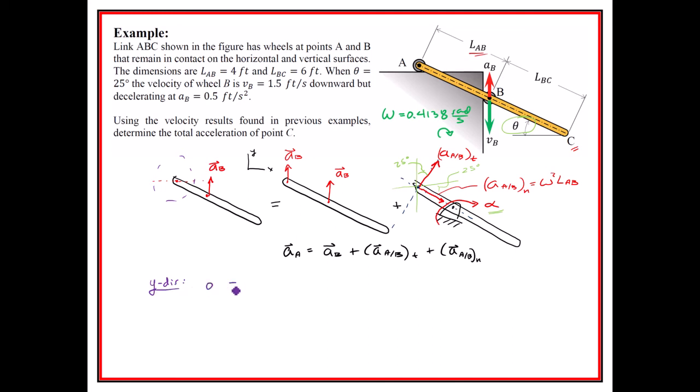It's going to be equal to the acceleration of B, which is upwards, and that's 0.5, so it's positive because it's upwards. And now we have to go over to the diagram on the right-hand side. And in the y direction, we're going to have, by the way, this is going to be alpha times L_AB.